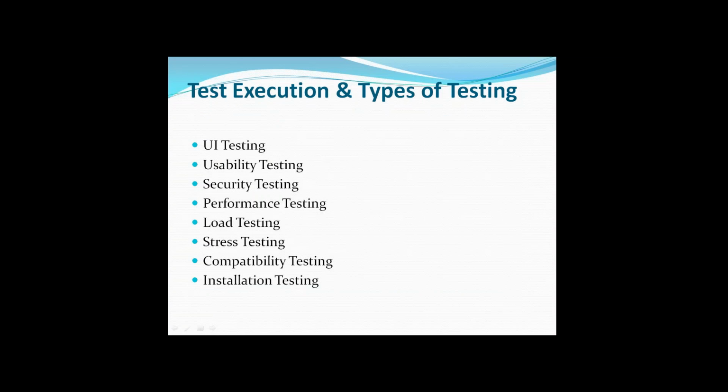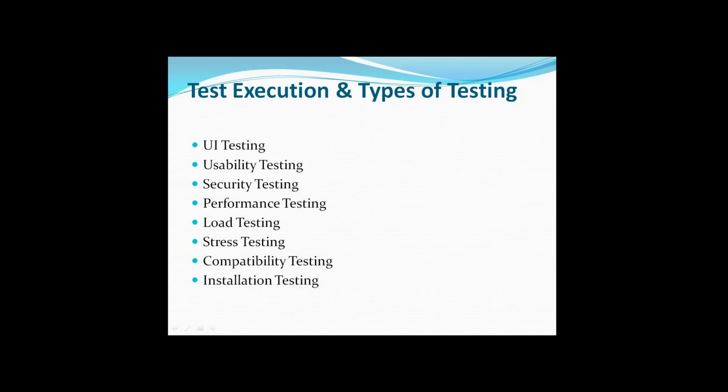Before, I explained about the SRS document, BRS, and FRS, the functional requirement specification. The client sends you a document called the requirement document. In that document, they mention, I need security testing for this project, I need performance testing for this project.